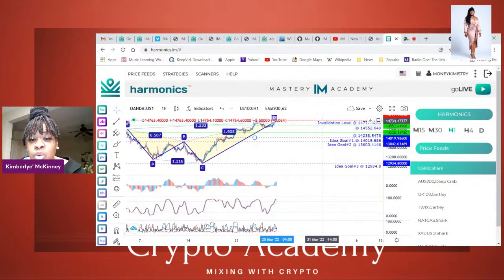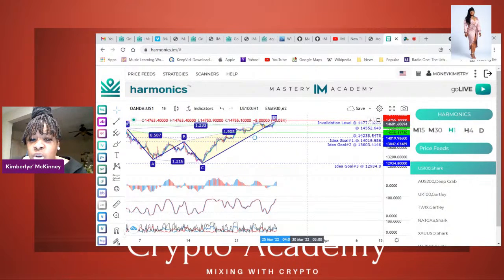And we'll make sure that we also include our invalidation level. So that means if the market continues to move in the opposite direction, this level right here helps you minimize risk. That means it helps you not to lose a whole lot of money in this trade. So you can go on this trade with 2 cents, which is a 20-cent lot size, 1 cent, which is a 10-cent lot size, or more.